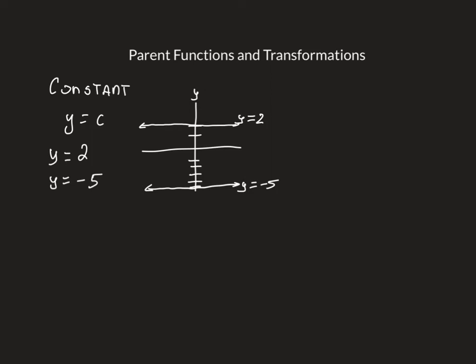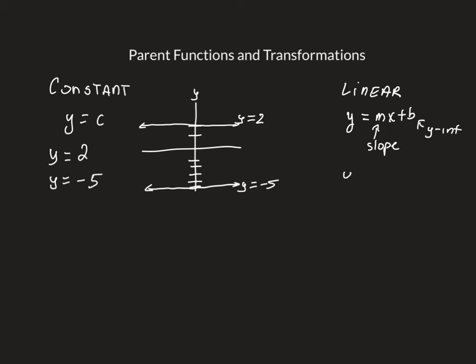The next parent function is linear. Linear functions are usually in the form y equals mx plus b, where m is slope and b is y-intercept.